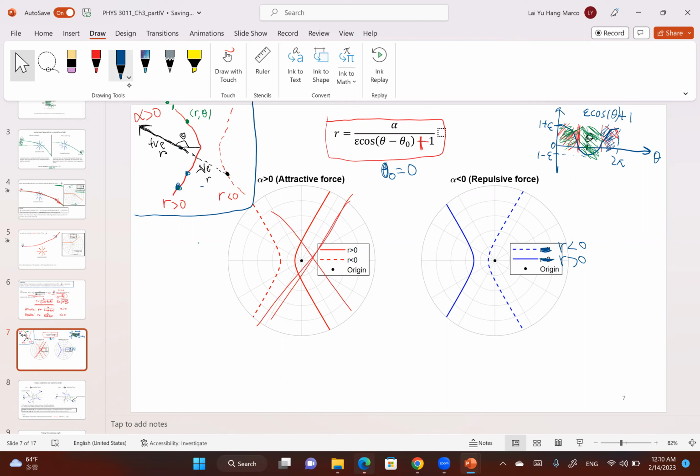Similarly, for the repulsive case, this is the physical part of the result. You do expect something like this: the particle looks like it's getting repelled by this center. This part is not physical because you don't expect a particle that goes like this when you have this repulsive force.